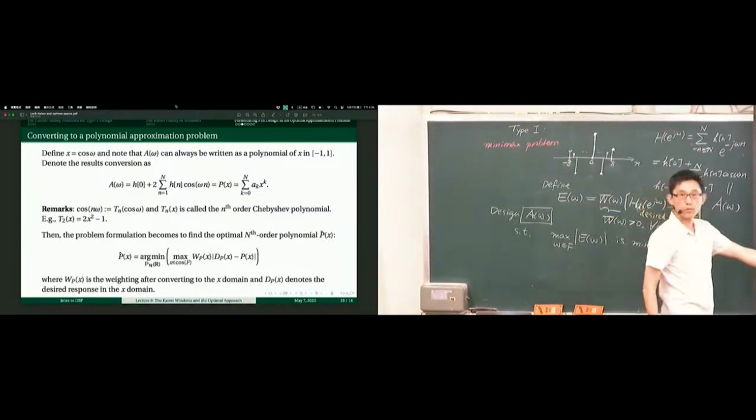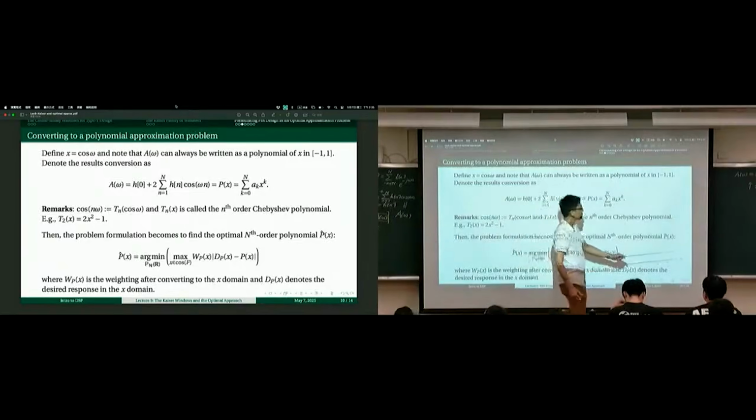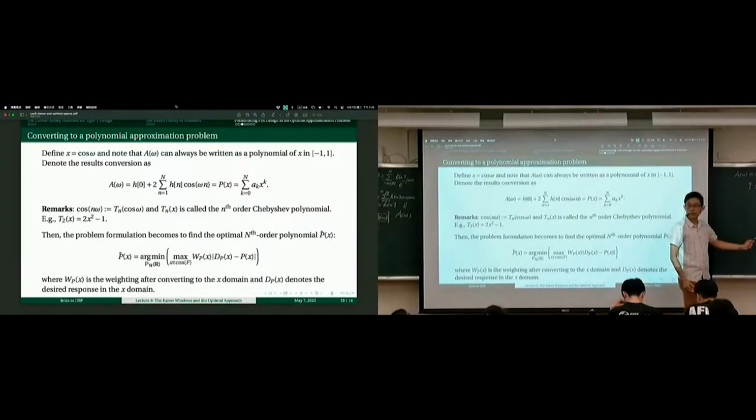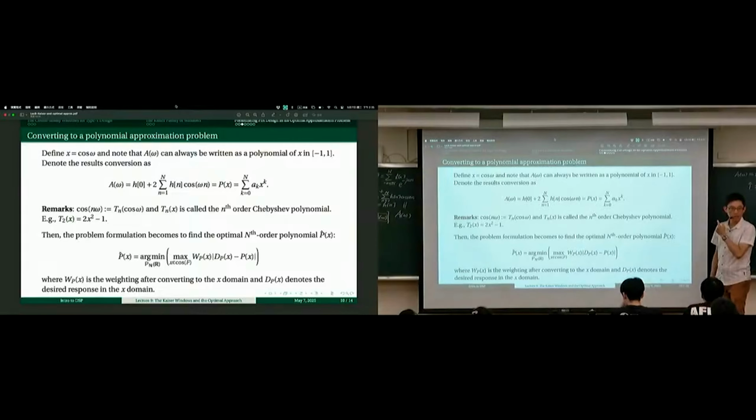We are going to find the polynomial. I want to work in the x domain by finding a polynomial which still minimizes the maximum approximation error in the polynomial domain, in the x domain. Our target function, long story short, we can rewrite our goal as such.